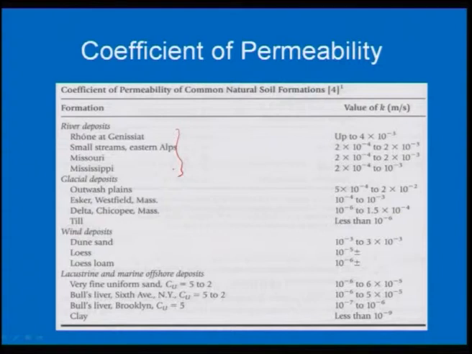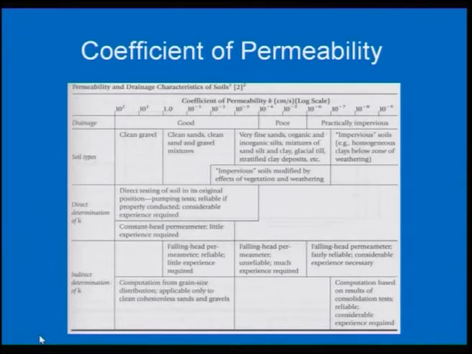River soil generally varies from 10 to the power minus 4 to 10 to the power minus 3, glacial deposits vary from 10 to the power minus 3 to 10 to the power minus 6, and marine and offshore deposits vary from 10 to the power minus 5 to 10 to the power minus 6 or minus 7, and for clay it is less than 10 to the power minus 9.